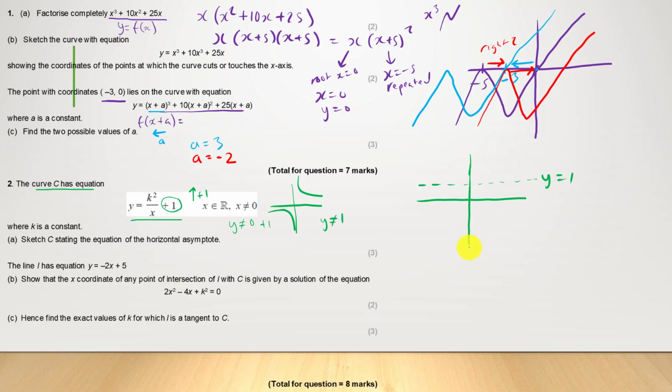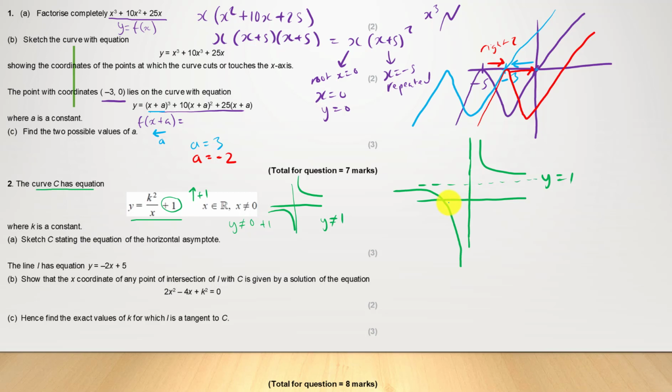And let's finish that off. It's only moved up, so this shifts up. That will suffice. This doesn't touch 1, so it is something like that. Let's extend that a bit, and that will be enough for your full marks.